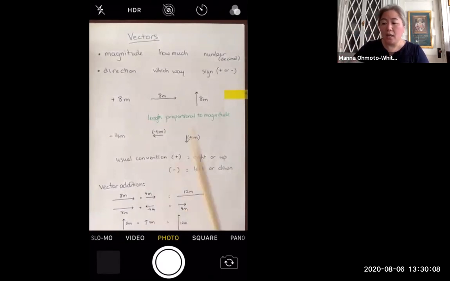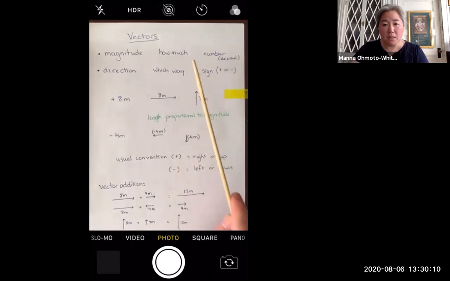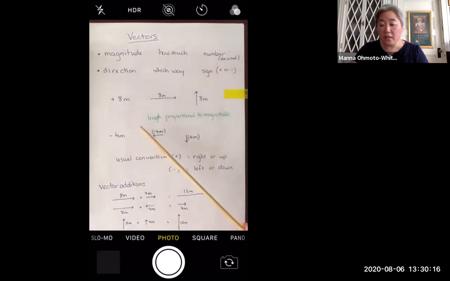So again, vector quantities must have a number and a sign attached to it to acknowledge the fact that they are vector quantities. And anytime I have vector quantities that are in the same axes, I can add them and come up with, rather than thinking of two vectors here, just the net effect of one vector going in the right direction, in the positive direction. So we call this a net vector or resultant vector.